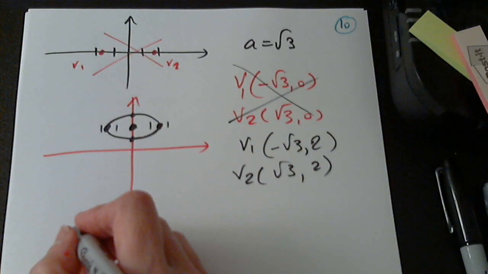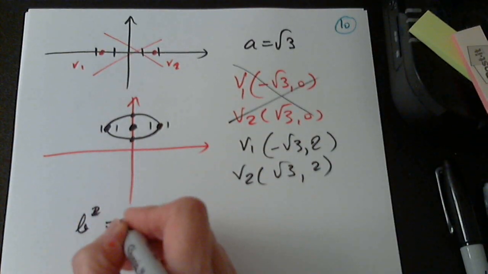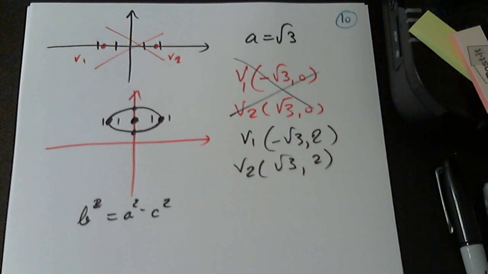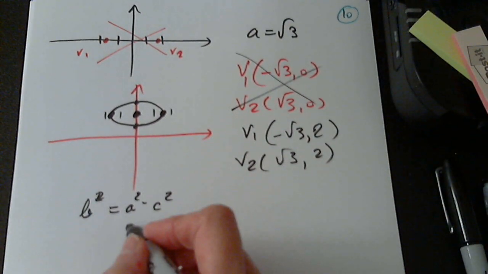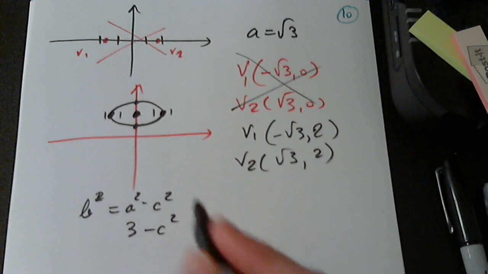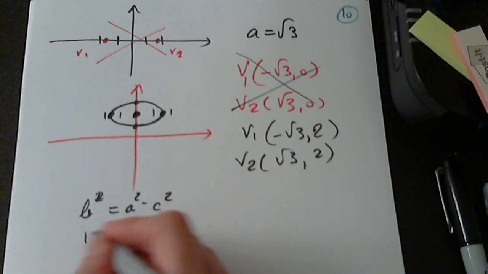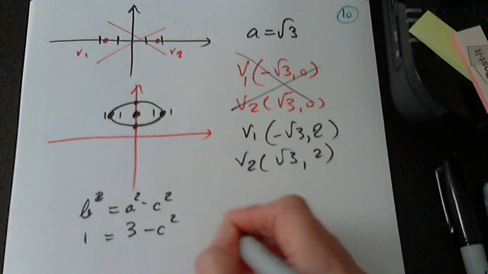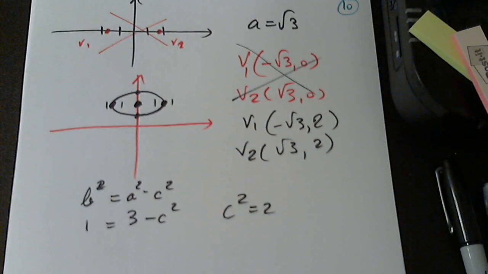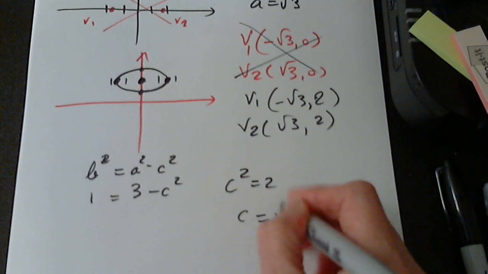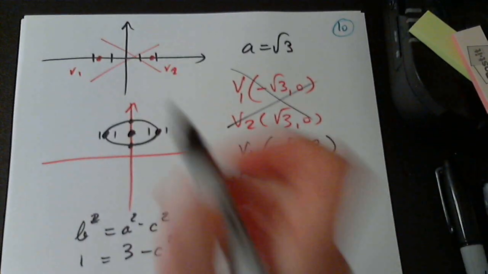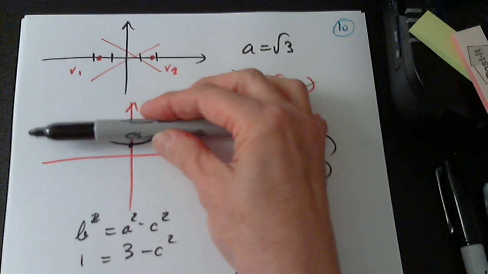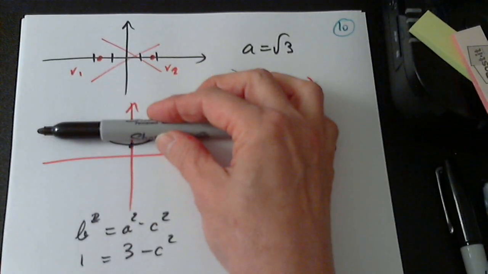So we know that b squared equals a squared minus c squared. So a squared is 3, c squared is unknown, and b squared is 1. So c squared equals 2. So c will be the square root of 2. Now the two foci have to be left and right of the center on the horizontal axis, because that's the major axis.